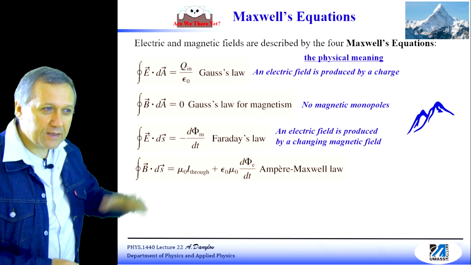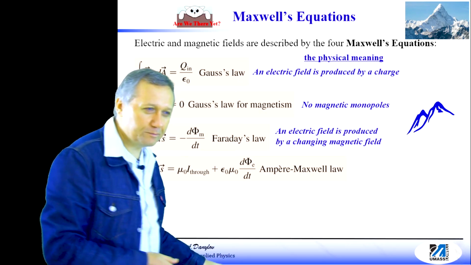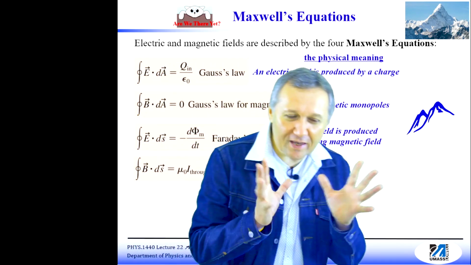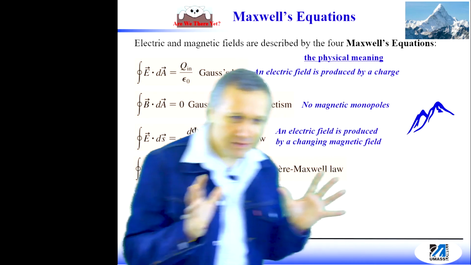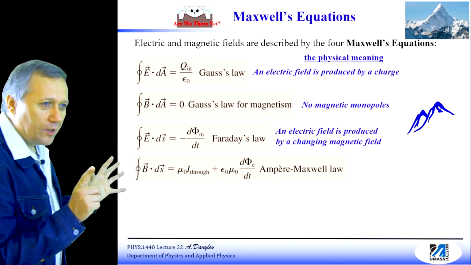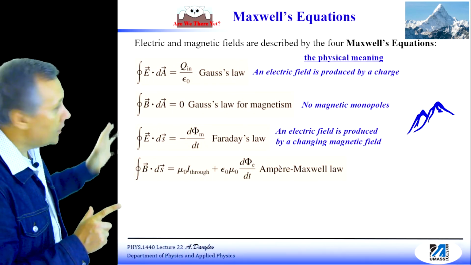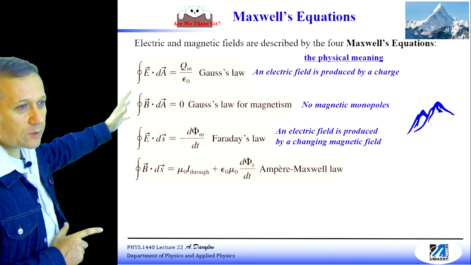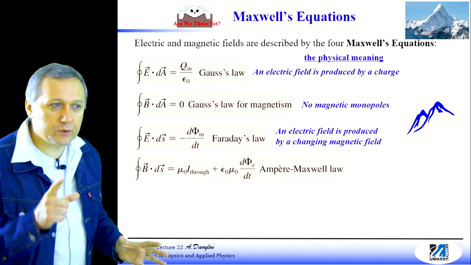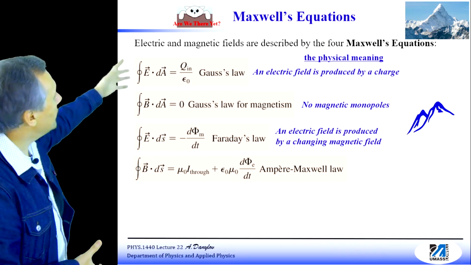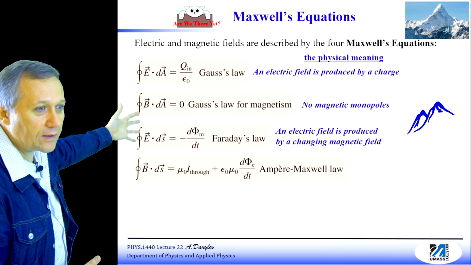But is it a complete foundation, or must something else be added? Look at these equations. All of them explain how we can produce fields, electric field and magnetic field, nothing else.